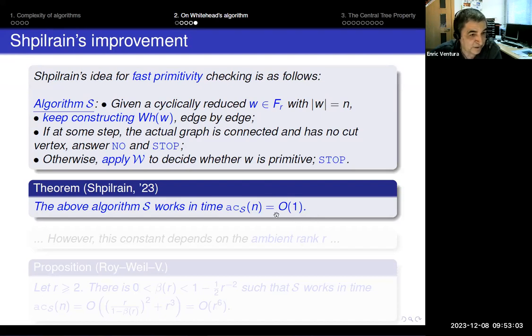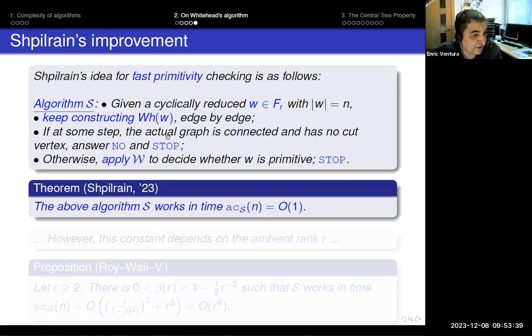This could be a bit surprising at the beginning, but it's because when n tends to infinity, when n grows, a fixed initial segment of W is enough to make sure to say, with probability tending to 1, the portion of the Whitehead graph is going to be complete. The rank is fixed, the ambient rank is fixed, so a fixed initial segment of W is enough to have a complete graph with big probability.